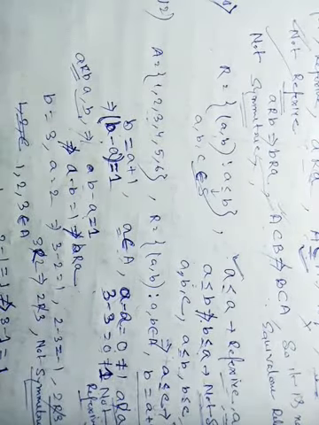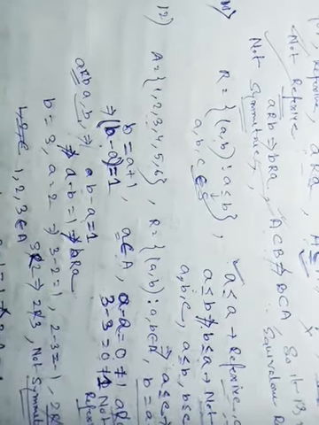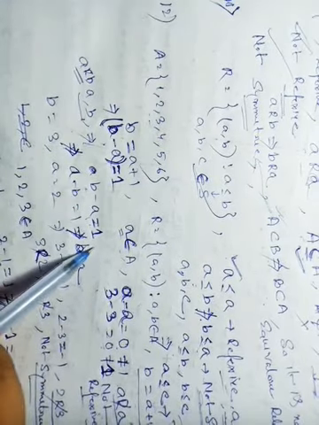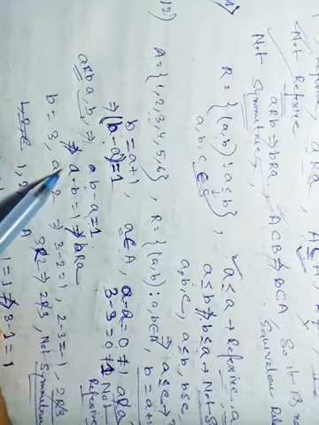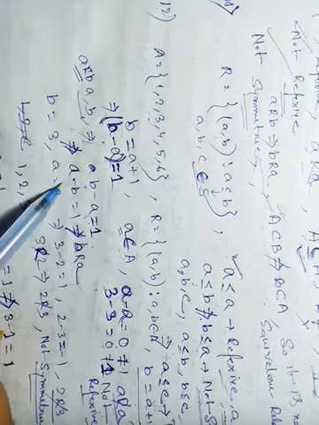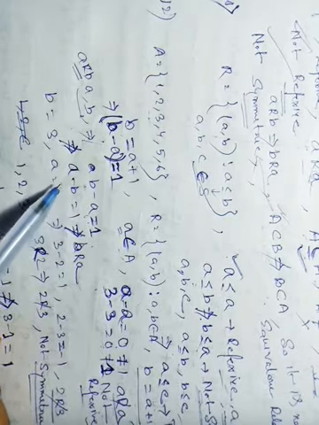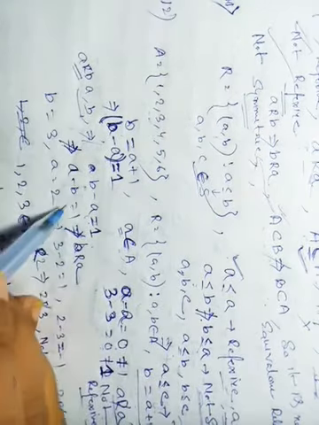Now for symmetric, a related to b implies b related to a. Now here a is related to b by the relation b minus a equal to 1. Now if we do a minus b, that should not equal 1, because if we do a minus b, that comes to minus 1.